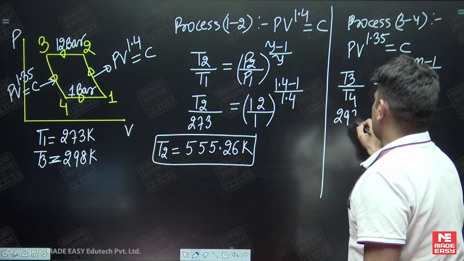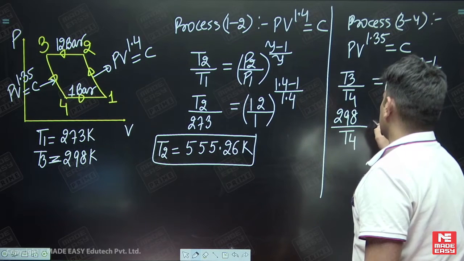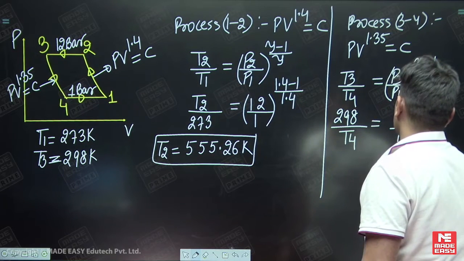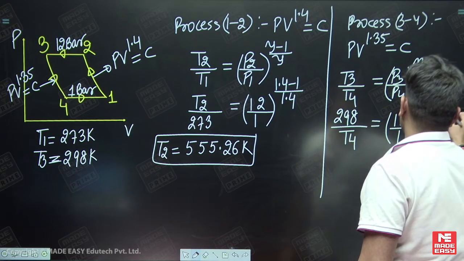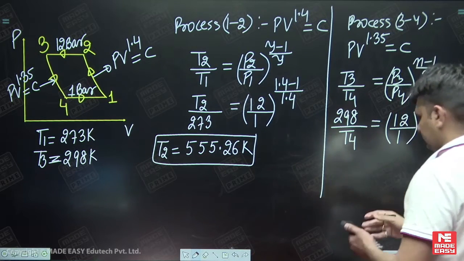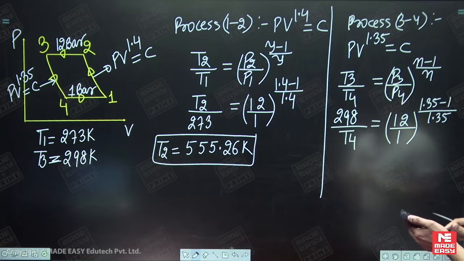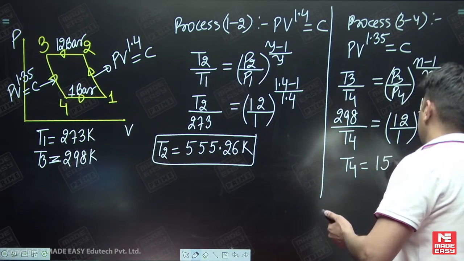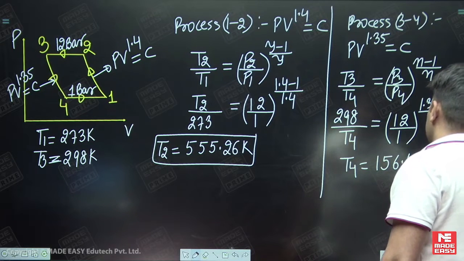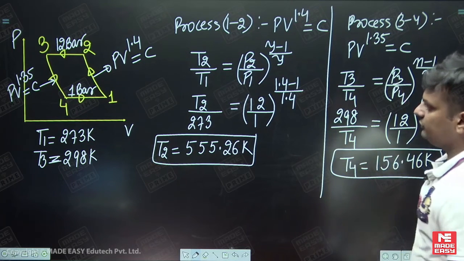So 298 upon T4 is 12 upon 1 raised to power 1.35 minus 1 upon 1.35, so the index is changed, 0.35 upon 1.35, inverse, into 298. So T4 is coming out as 156.46 Kelvin.